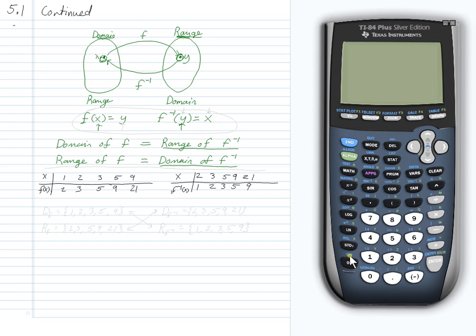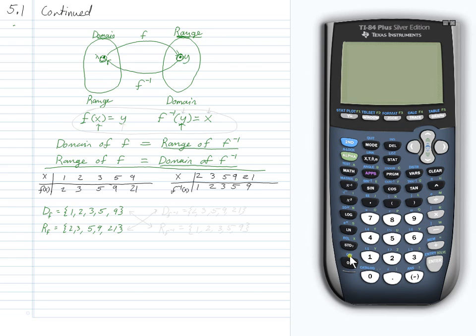And that is something that's going to be a little bit important later on when we look at functions that have interesting domains and ranges. So returning to the original example that we looked at here, we would see that the domain of f, and I'll call it capital D with a subscript f, is the set of numbers 1, 2, 3, 5, and 9, while the range of f is the numbers 2, 3, 5, 9, and 21.